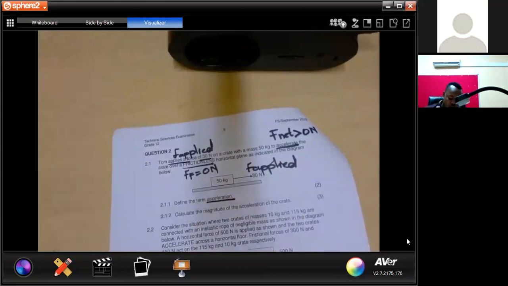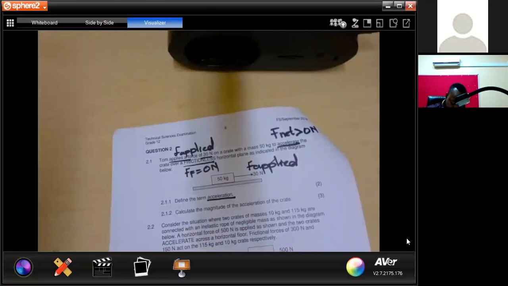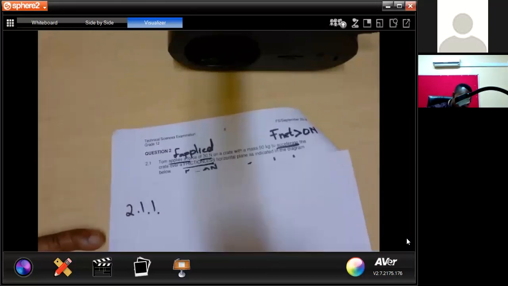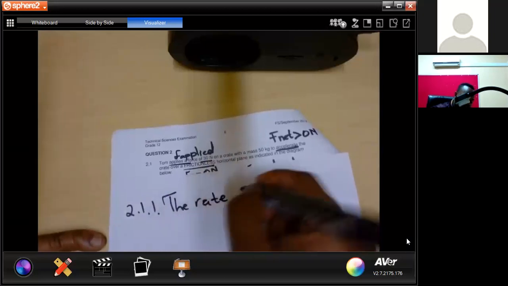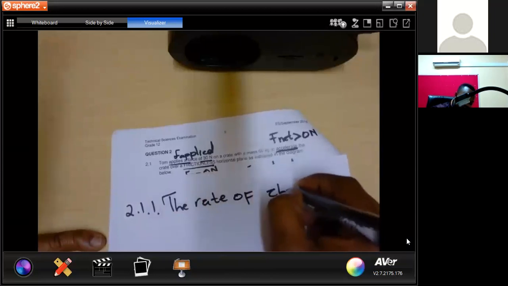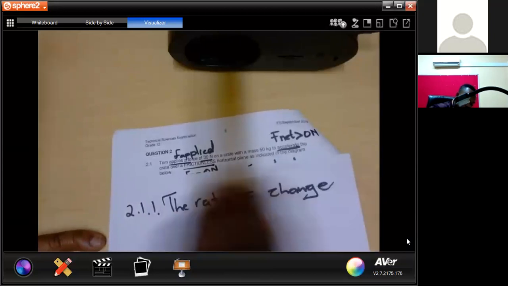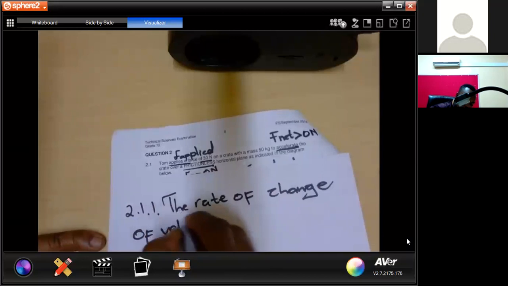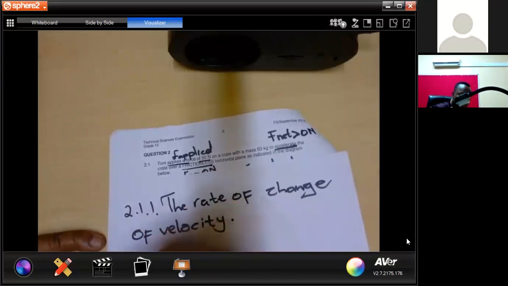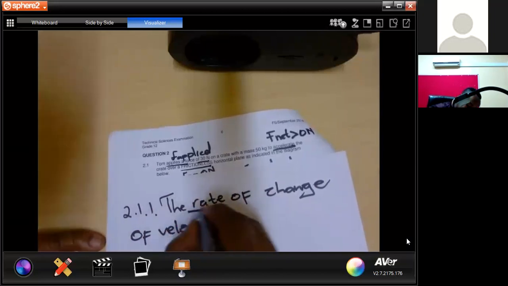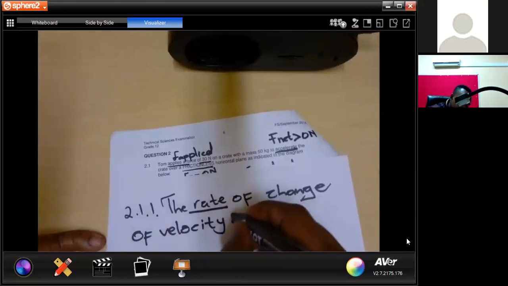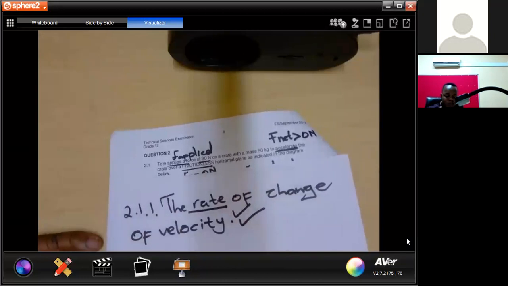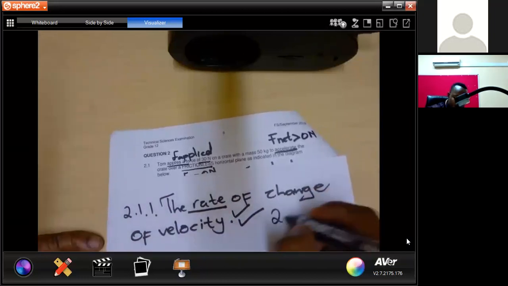We are required to define the term acceleration. Now, we know by now that when we talk about acceleration, we are talking about the rate of change of velocity. The rate of change of velocity. And that definition is not part marking, so it's 2 or 0.